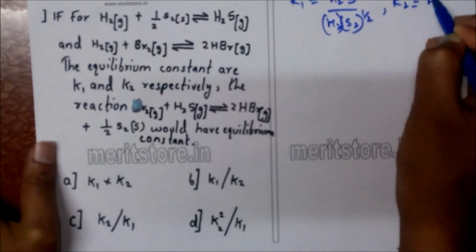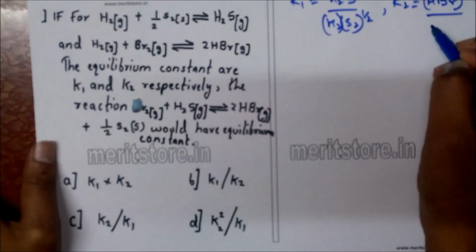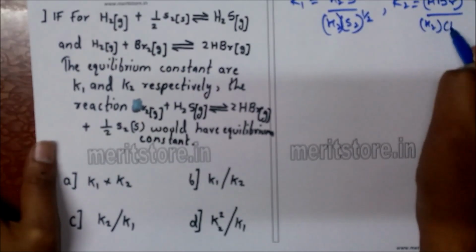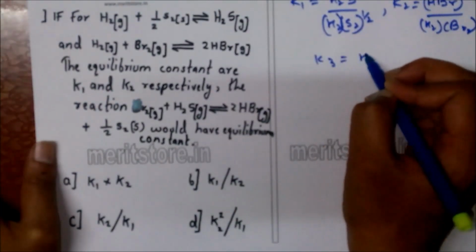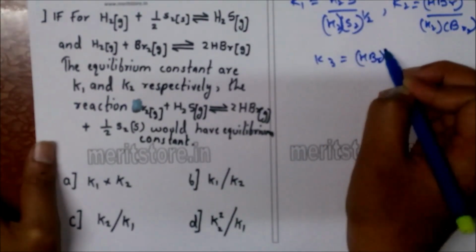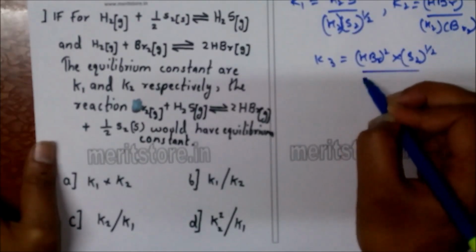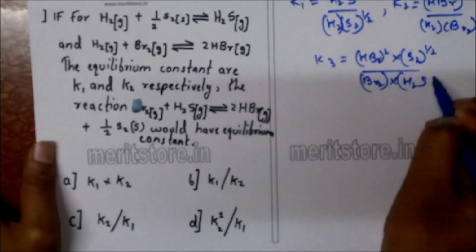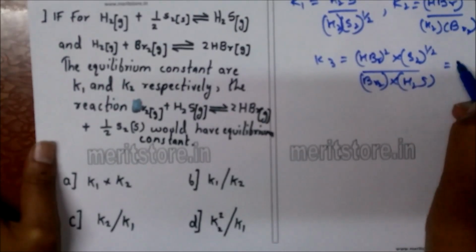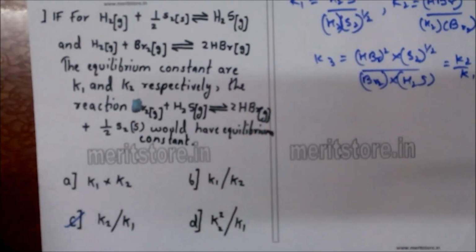K2 is equal to [HBr]^2 divided by [H2][Br2], and K3 is equal to [HBr]^2 into [S2]^(1/2) divided by [Br2] into [H2S], which is equal to K2 upon K1 equal to K3. So option C is the correct option.